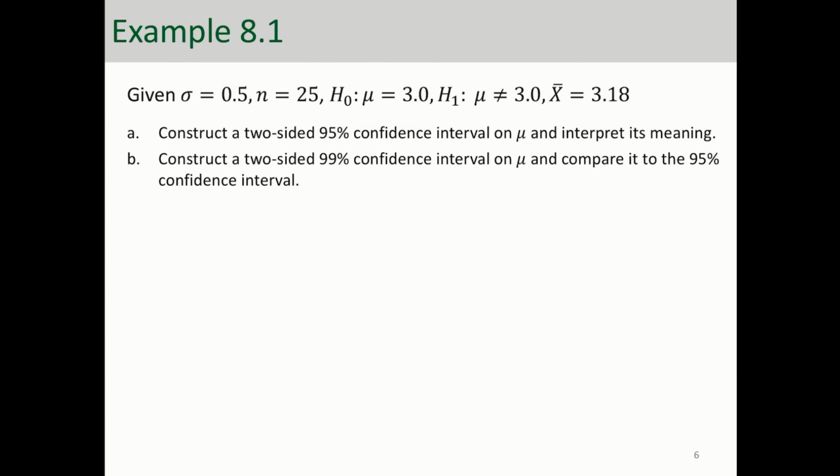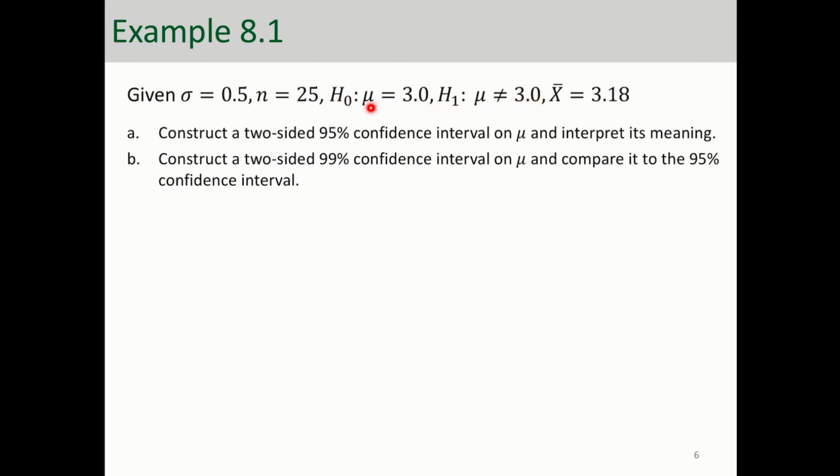In this video, we're going to take a look at one example where we will try to construct a confidence interval. So in this example, it says, given that sigma, the standard deviation of the population, is 0.5, sample size is 25, and this is our hypothesis test.